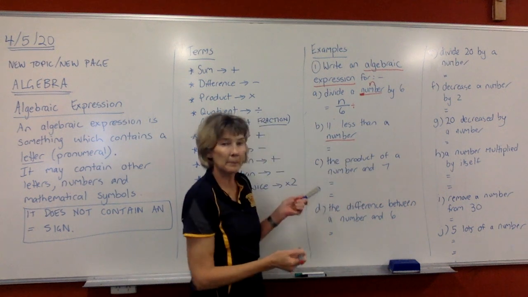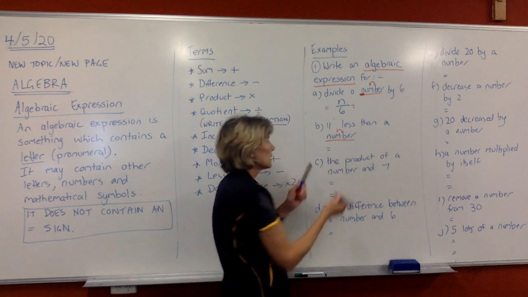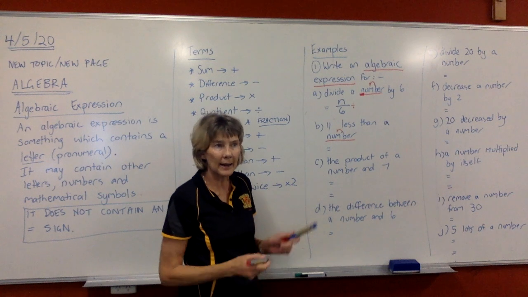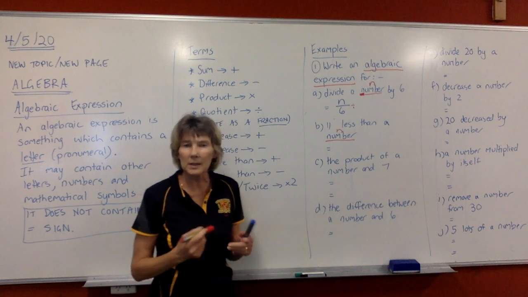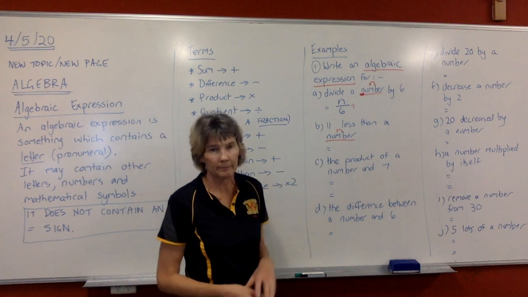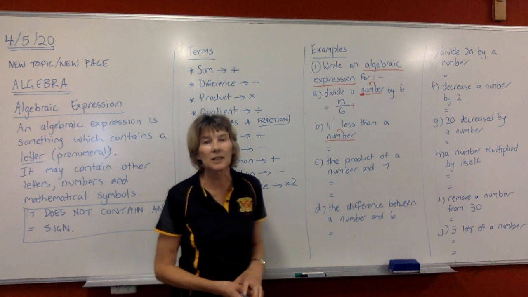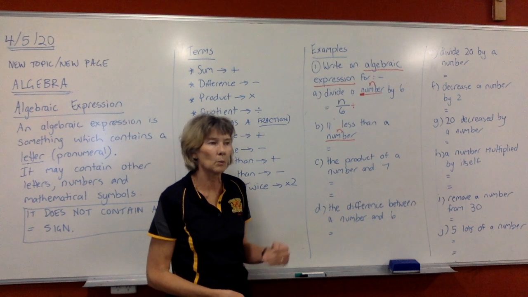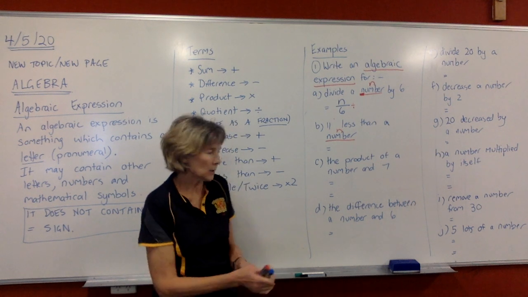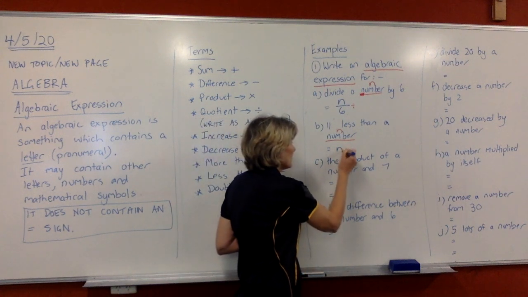The next one says 11 less than a number. Remember we said that the number is going to be N. So we want 11 less than N. Now if you're getting confused with it, think of it as if there's a number there and not an N. So if we said 11 less than 20, we would do 20 take away 11. So here we want to do N take away 11.